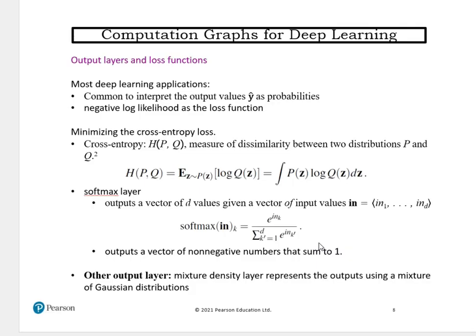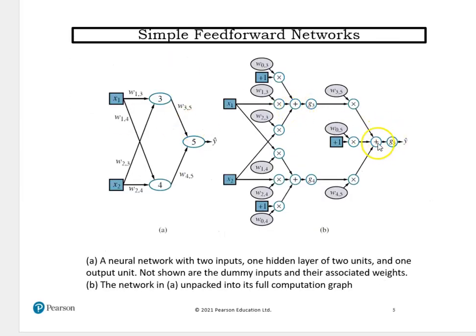As usual, the input in k to each of the output nodes will be a weighted linear combination of the outputs of the previous layer. So as you can see in our simple network we discussed earlier, this could be a softmax activation function G5, which would take the input from the previous layer, W 3 5, W 4 5, and W 5, these are the 3 inputs, and then output a vector of probability.